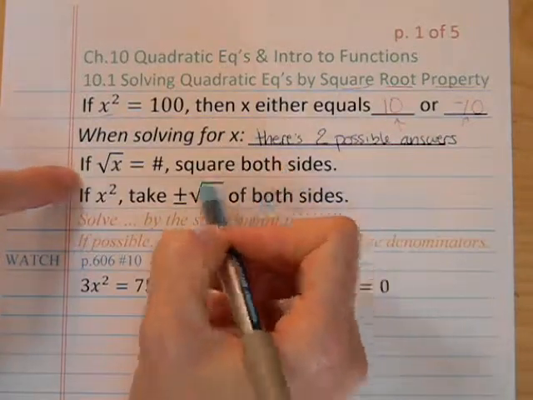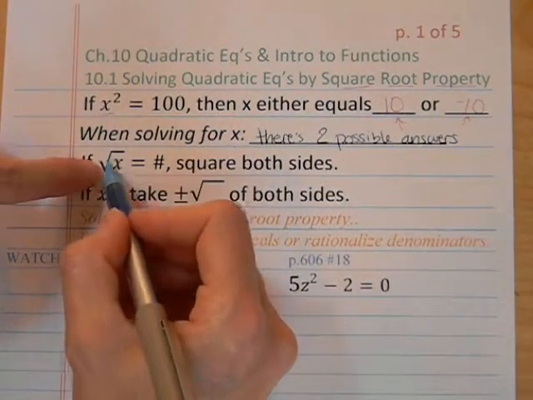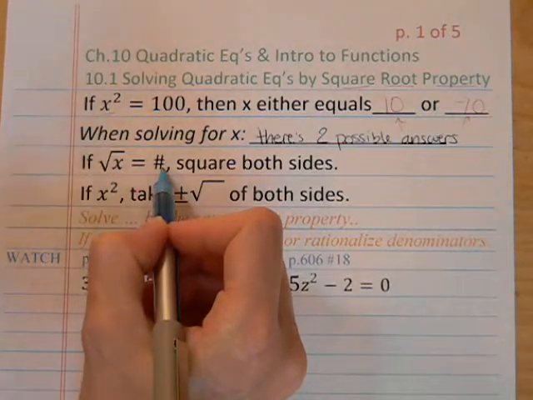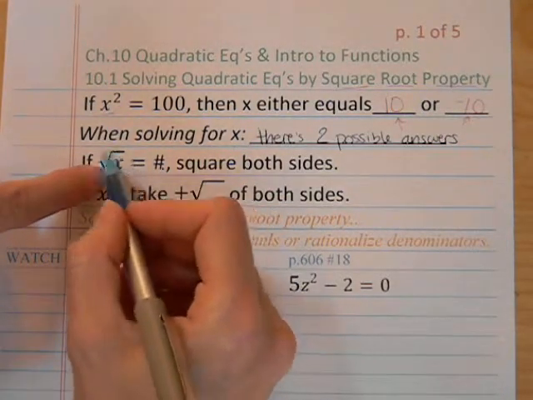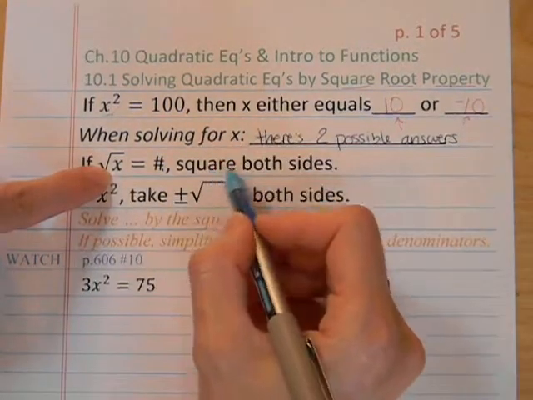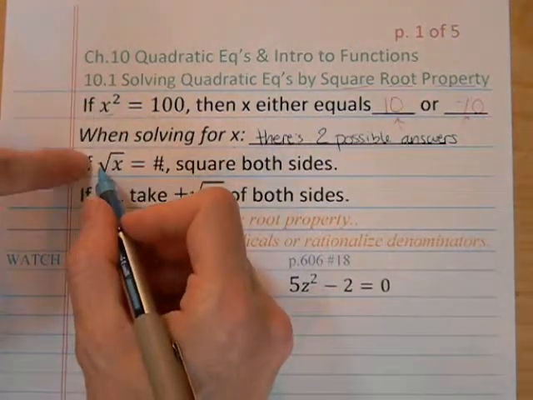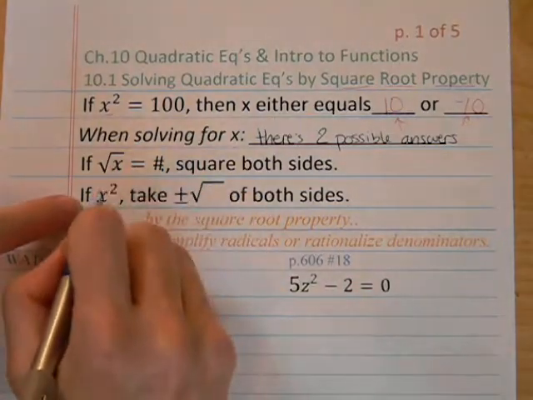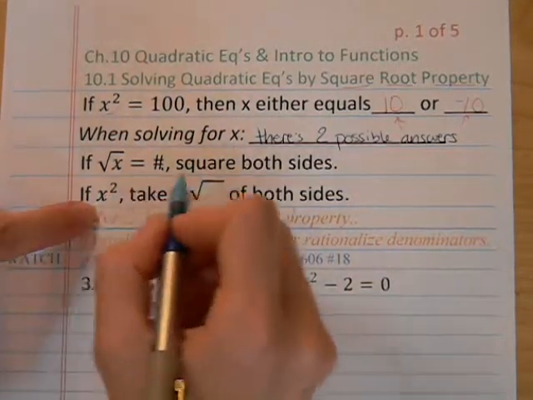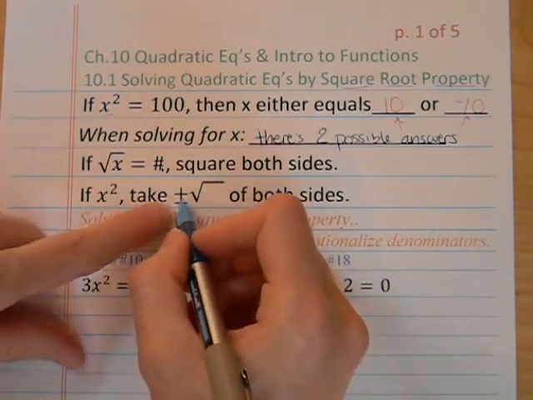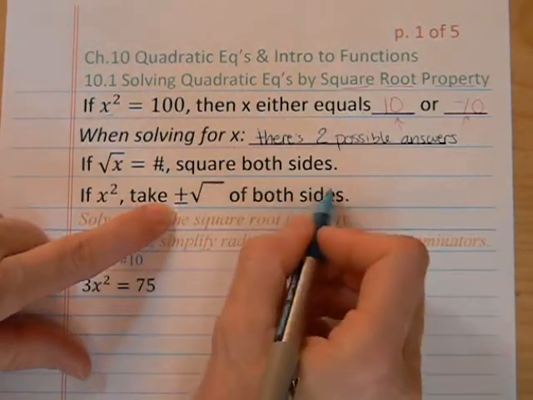What we did in Chapter 9 was say, if we have the square root of x equal to a number or another expression, we would undo that and get x by itself by squaring both sides, because squaring something is the opposite of a square root. Same thing now. If we've got x squared by itself, that's the key, then you can take the plus or minus square root of both sides.